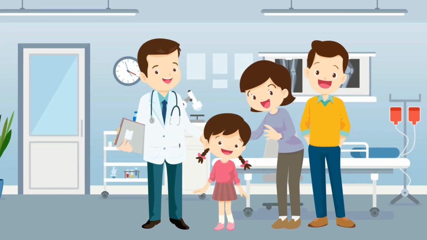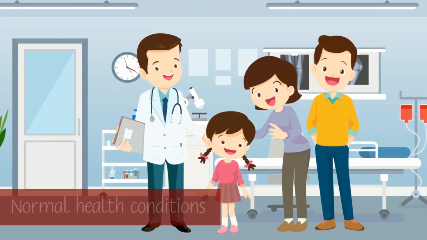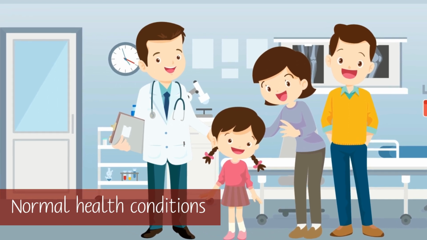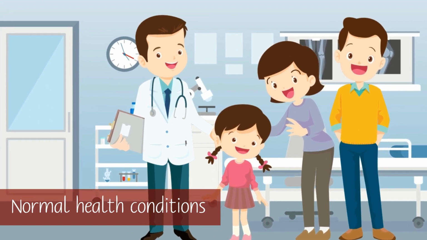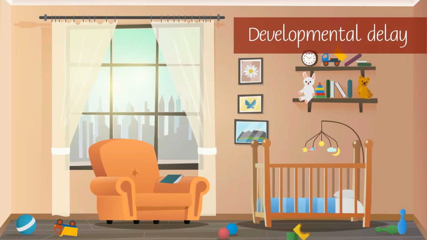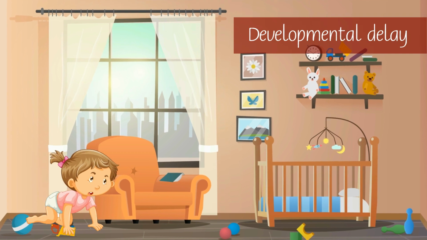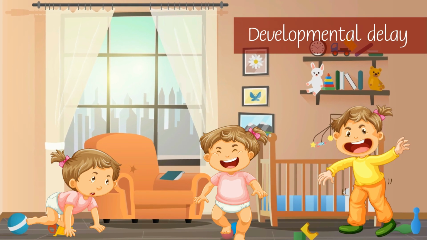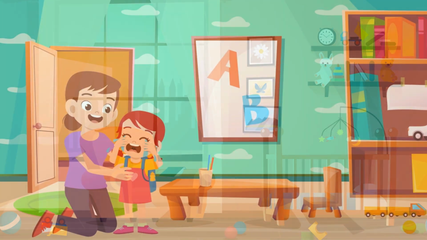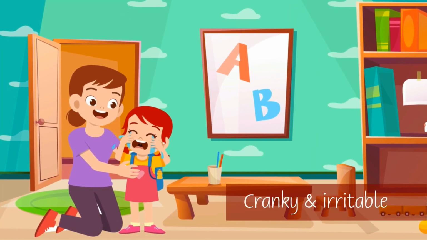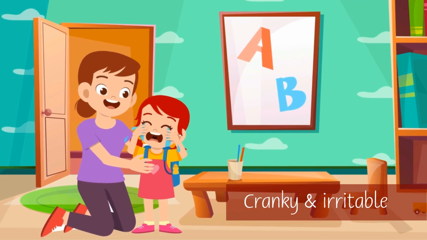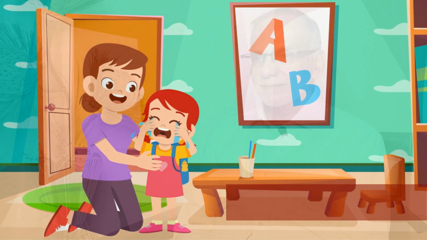In addition, Seema had normal eyesight and hearing ability, and she did not have any major physical ailment during her early years of life. However, the mother observed that Seema began crawling, walking, and talking later than other baby girls her age. In addition, she was always cranky, restless, and irritable since the age of 2.